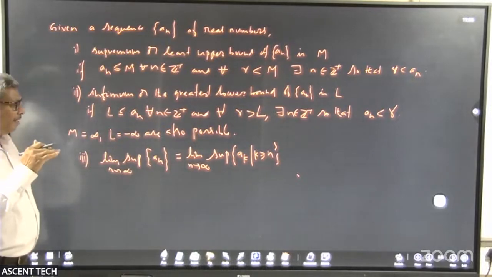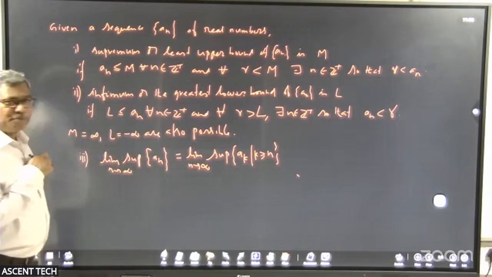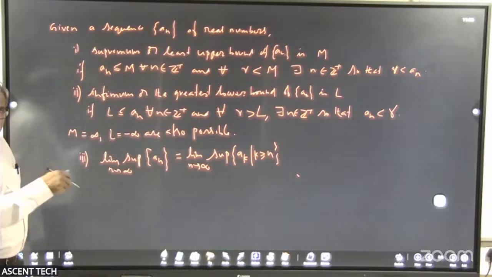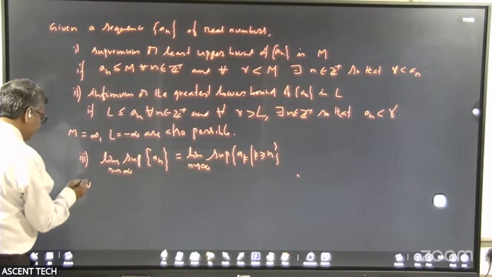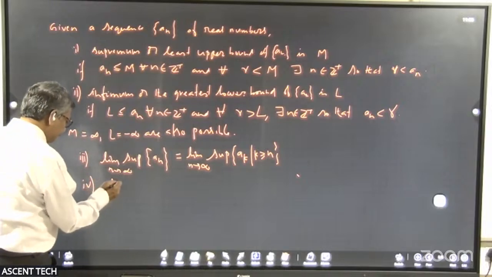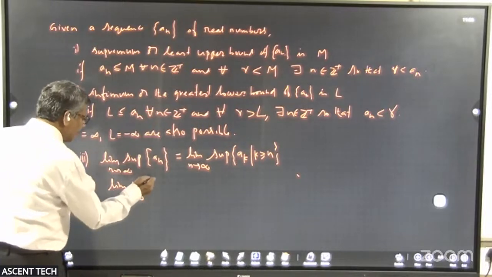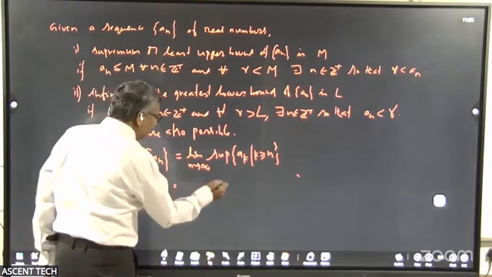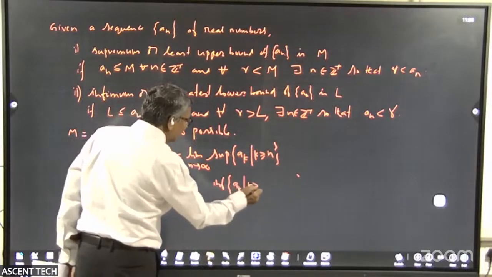Eventually, that is the least upper bound, and that's what it limits to. And similarly, limit infimum is looking at the infimum of A_k beyond n.